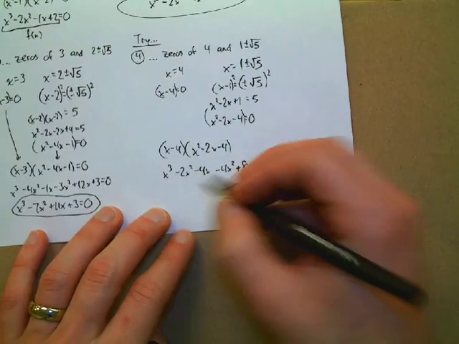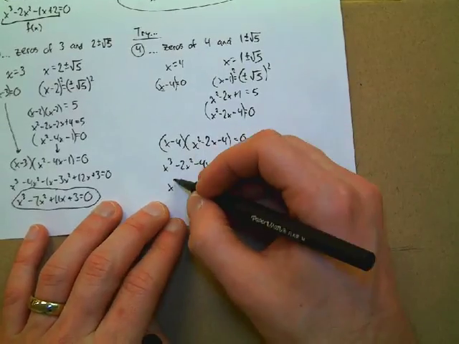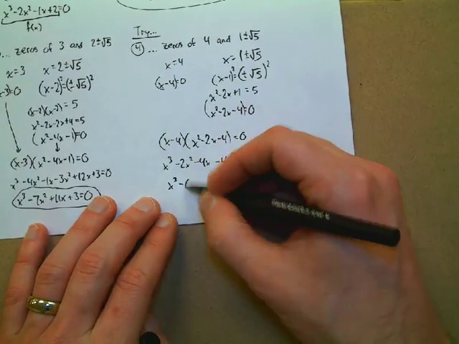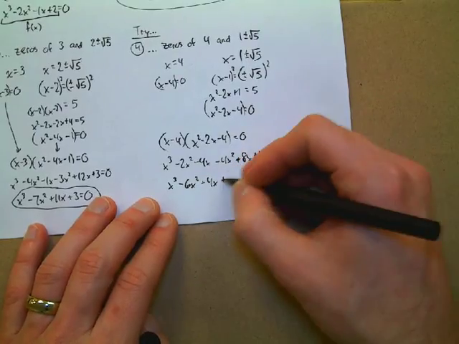And so there's our polynomial. You multiply it out and combine the terms.